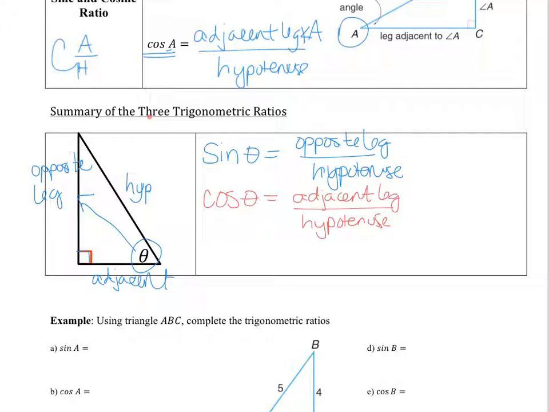And then tangent, which we talked about yesterday, tangent of theta is the opposite leg over the adjacent.